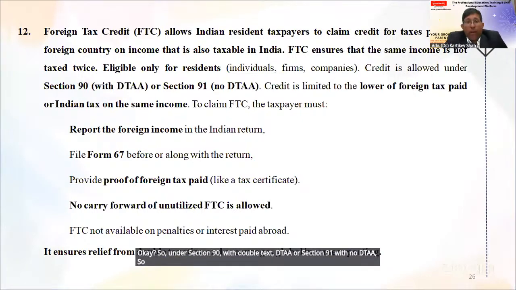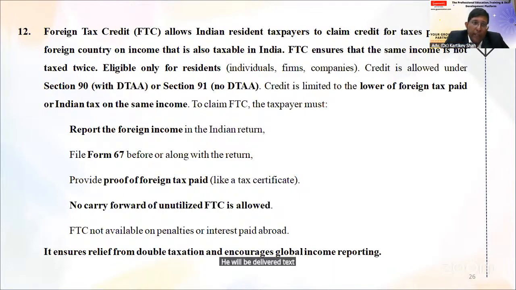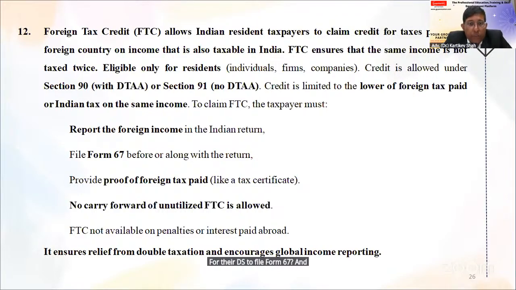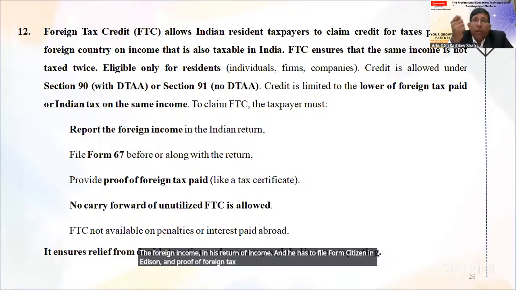So he will be allowed the lower of foreign tax paid or Indian tax. Whatever the lower tax is, it will be allowed as credit. For that, he has to file Form 67 and proof of foreign tax paid. So he has to show the foreign income in his return of income, and he has to file Form 67 in addition, with proof of foreign tax paid, so that he can get the tax credit under Section 90 or 91.